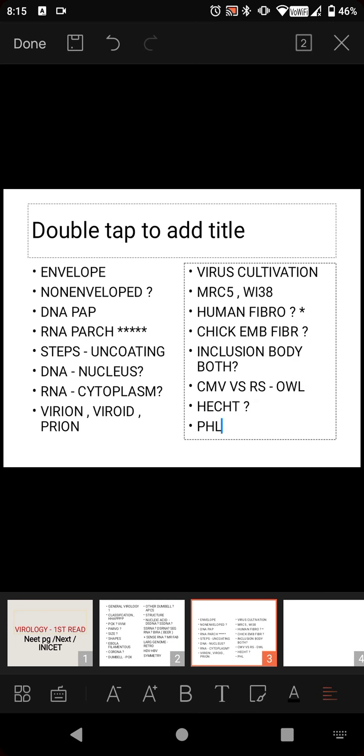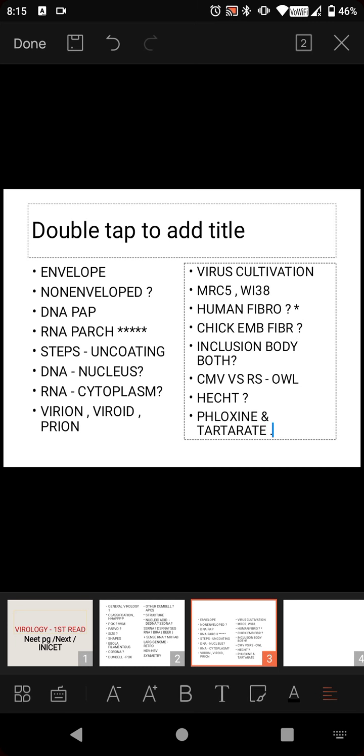So it is Floxin and tartrate, the stain you will use here. You won't remember this thing, but you will remember every other thing.